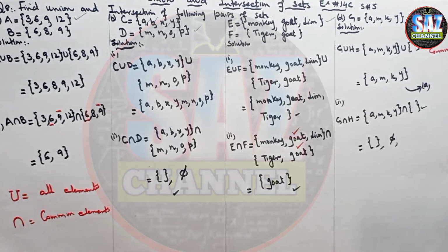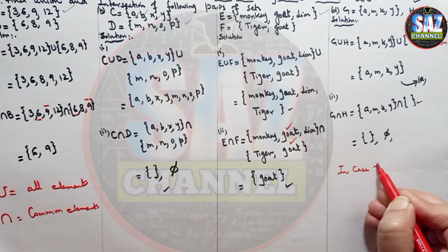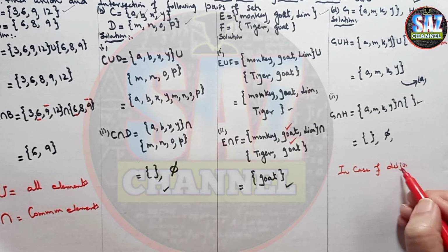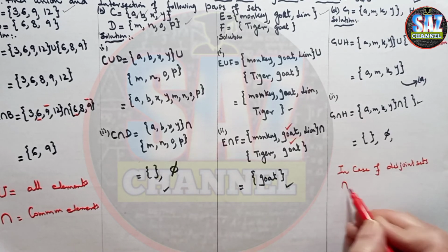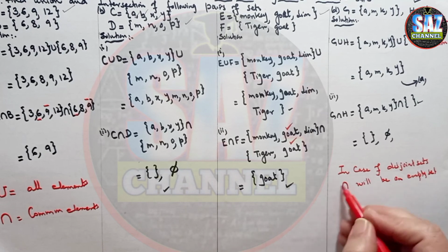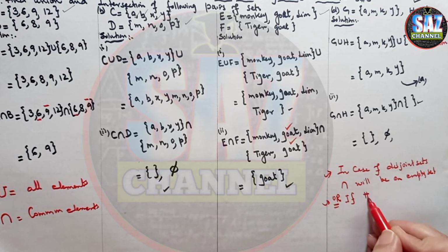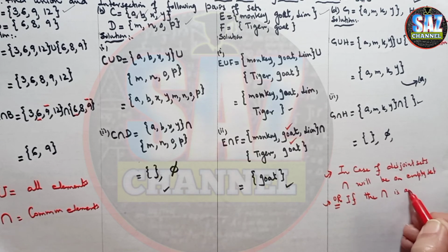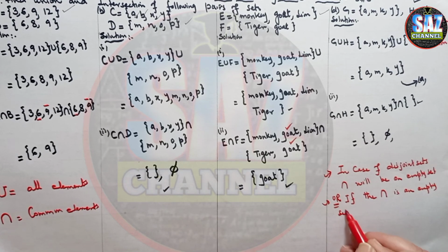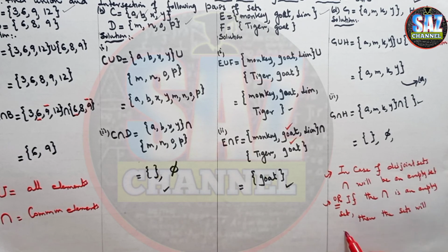We can keep in mind that in case of disjoint sets, the intersection will be an empty set, or we can take it the other way as well: if the intersection is an empty set, then the sets will be disjoint. I hope you are clear about how to find the union and intersection.